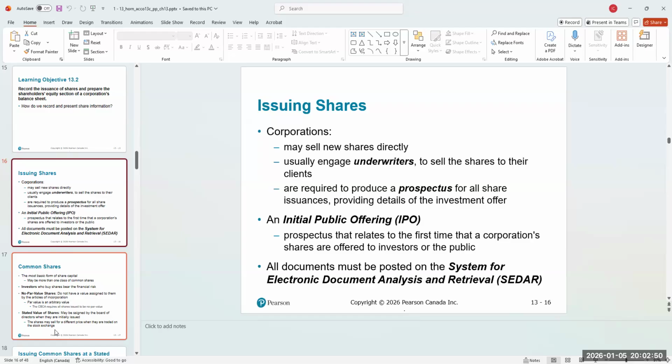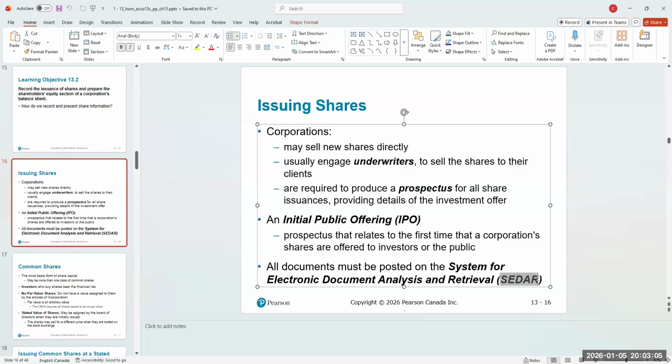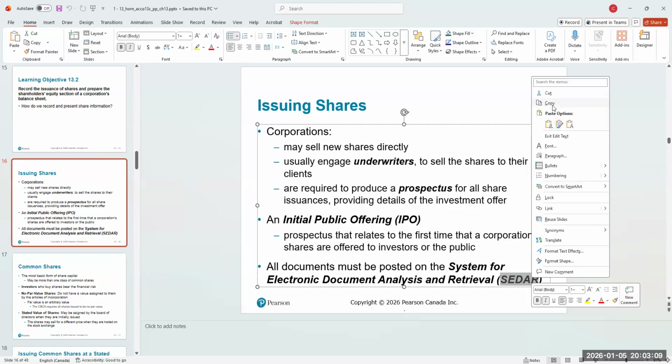Now, in order to do this initial public offering, if we are a corporation, there's a special site called the System for Electronic Document Analysis and Retrieval, in short SEDAR, where you can see all the information about the public companies.